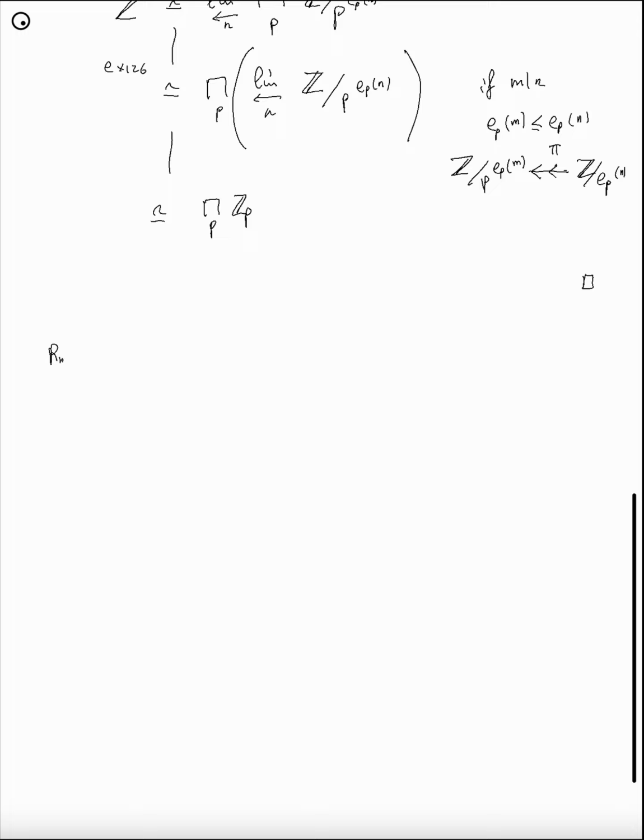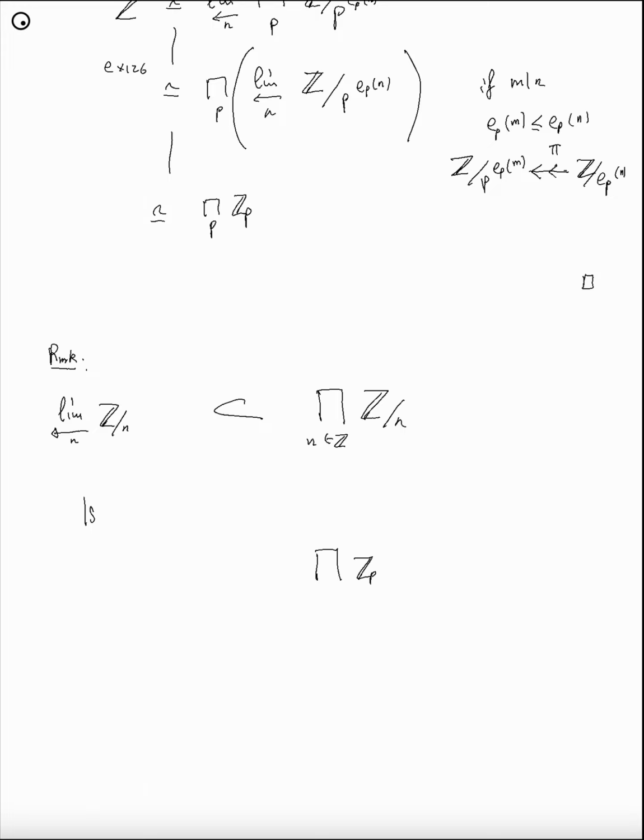Let me just put in a remark. Just because this is sometimes very confusing, if you are thinking of this as a subset or submodule of the product ring, then you prove that this is actually the same as the product of Z_p.